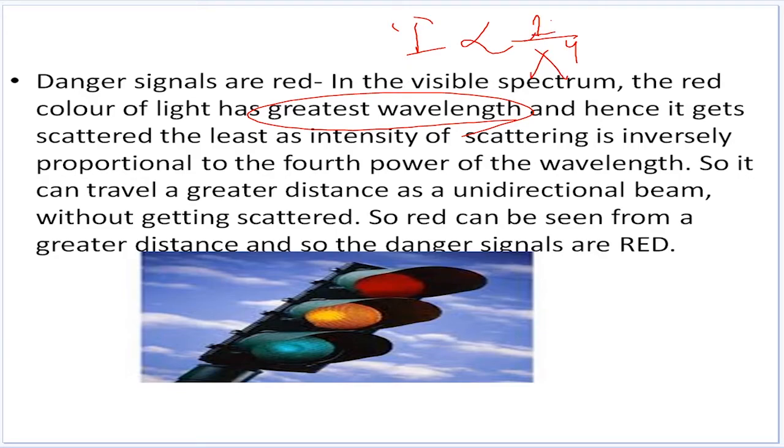Now because red has the greatest wavelength, it gets dispersed the least, and hence intensity of scattering is also very less. So red can travel as a unidirectional beam to a larger distance, and it is visible to people from a larger distance as it gets scattered the least. So red can be seen from a greater distance, and therefore we find the danger signals are red in color.